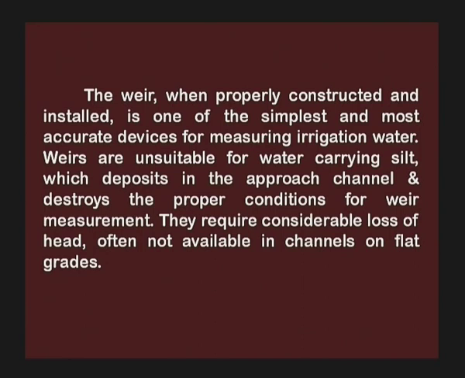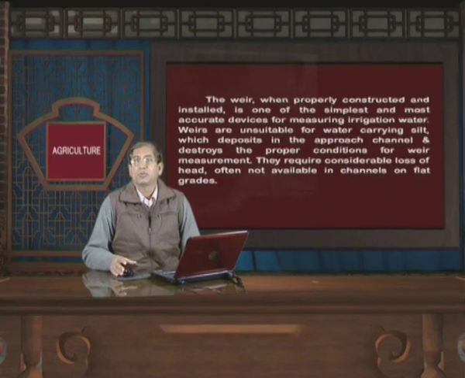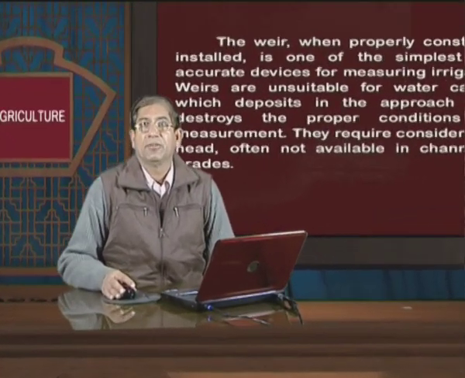Weirs are unsuitable for water carrying silt which deposits in the approach channel and destroys the proper conditions for weir measurement. They require considerable loss of head, often not available in channels on flat grades. Therefore, there are two disadvantages with weirs for measurement of irrigation water.